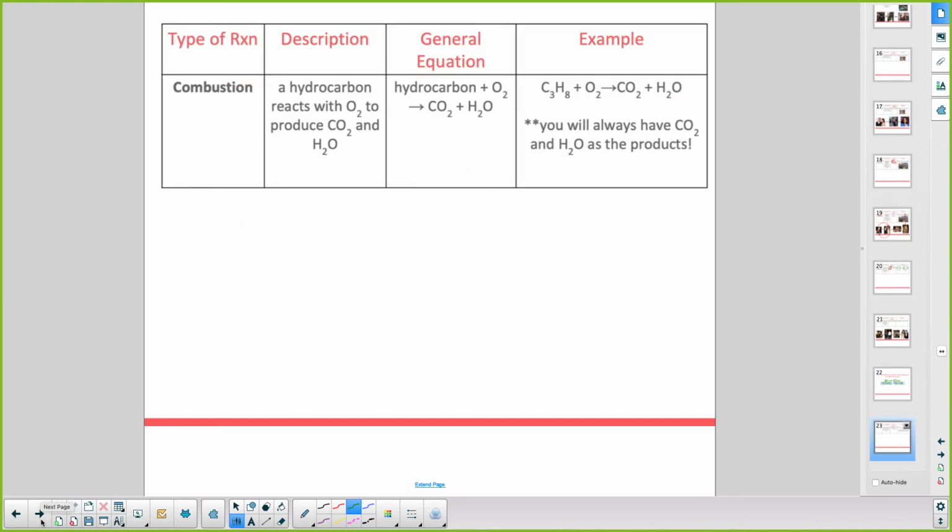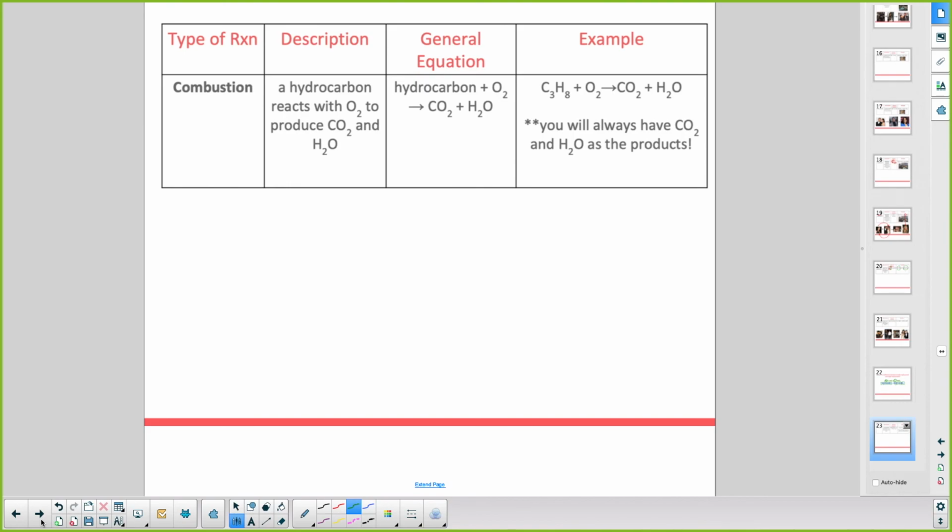So the last one here, there's no fun celebrity example for this one. We have combustion. We talked about this the other day. We talked about fire and what fire produces. So combustion, a hydrocarbon, which wood is a hydrocarbon, just essentially means a carbon with a hydrogen, is going to react with oxygen, because what do you need in order to fuel a fire?